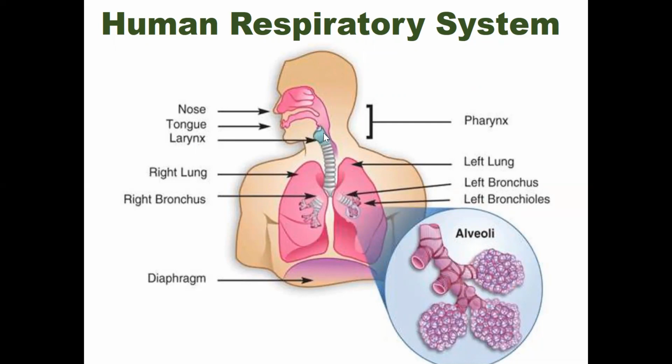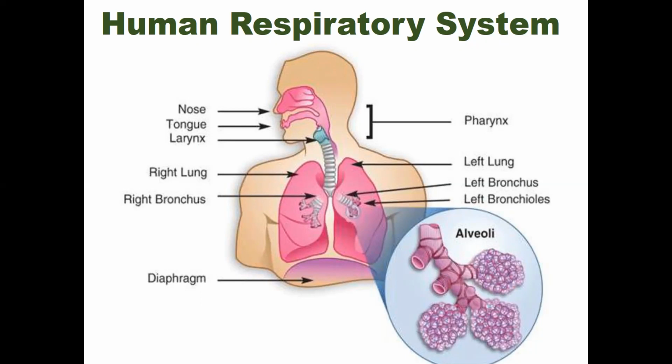Here is the larynx, and this region is called the pharynx, and then trachea, lungs, right lung, left lung, bronchi, bronchus, diaphragm. These are the alveoli. If you zoom in within the lung, you will find these balloon-like structures. So don't worry, I'm going to describe all these things elaborately.